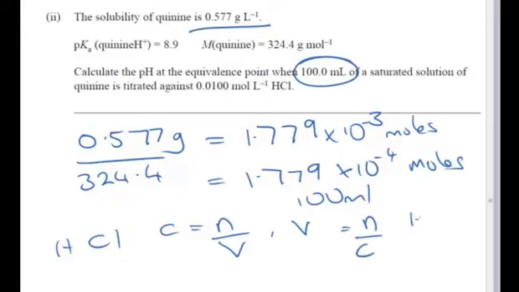So that's 1.779 times 10 to the negative 4 divided by the concentration, which we're told is 0.01. Go ahead and do that, and we'll get that obviously is going to be equal to 17.79 mils if we convert that into mils.